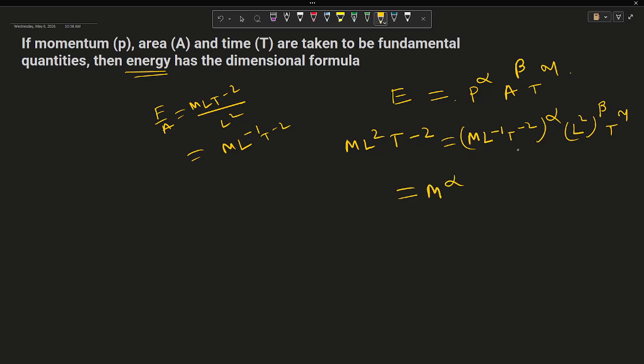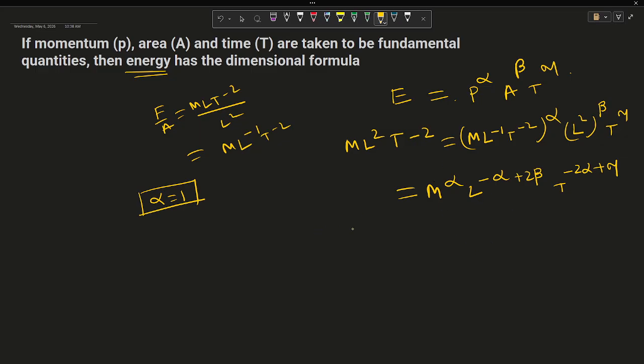Now if we make both sides equal dimensionally, then m has dimension 1 here and alpha there, so alpha is 1.